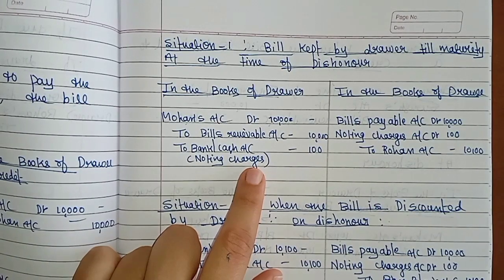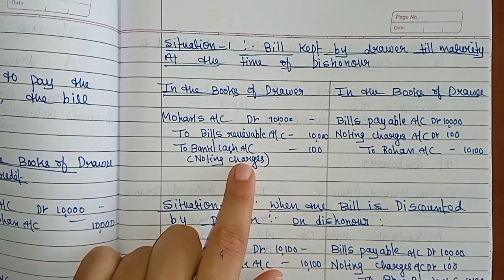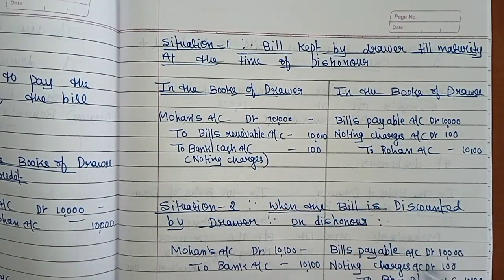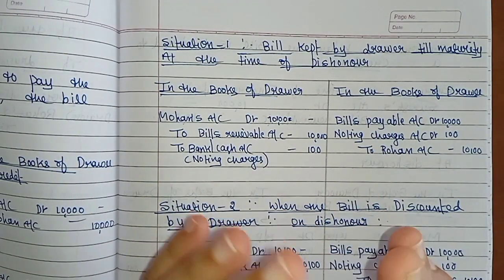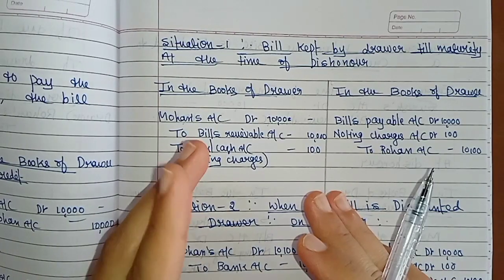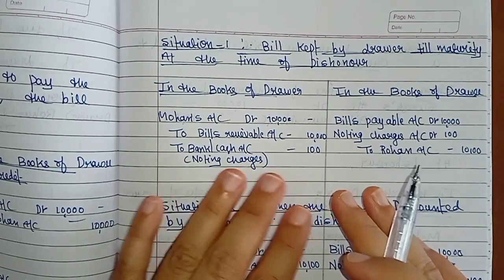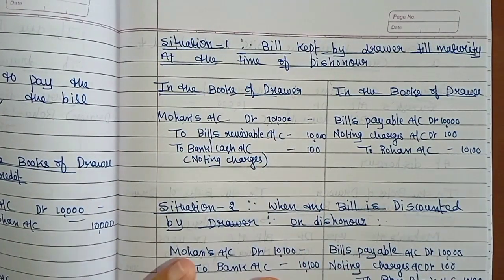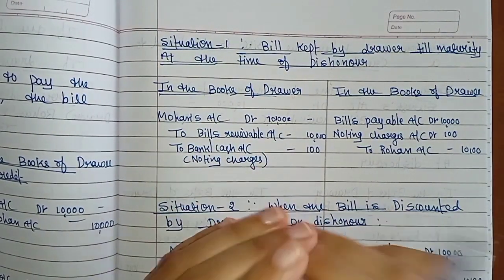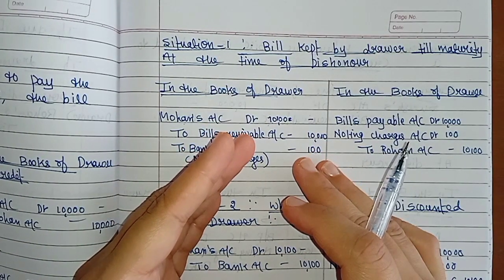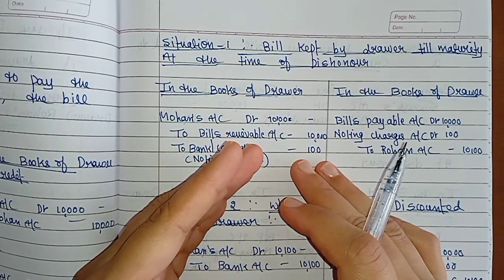Now let's see what noting charges are. See here, when a bill is dishonored, a notary public, clear, notary public records the dishonor and charges a small fee. In our case that is rupees 100. This fee is called noting charges. Clear? See, usually the drawee is responsible for paying the noting charges because he is only responsible, right?